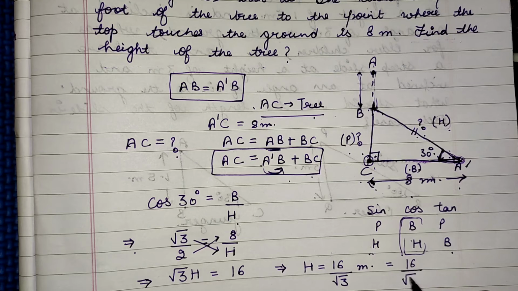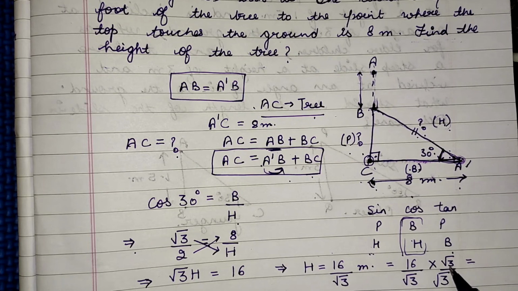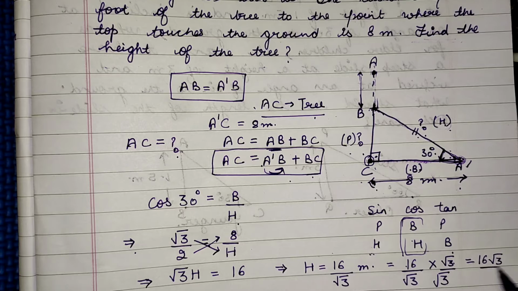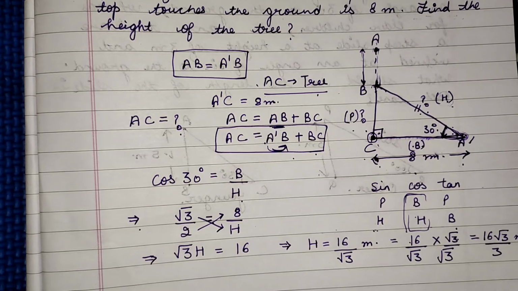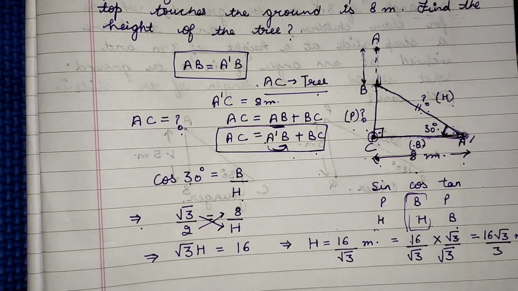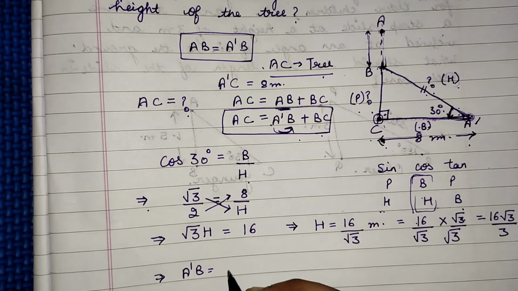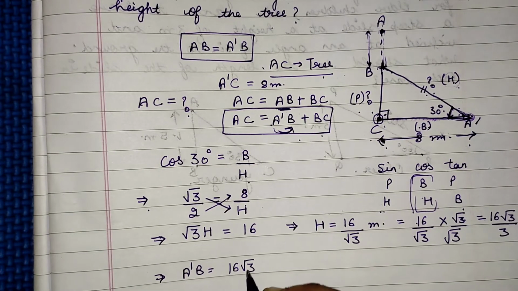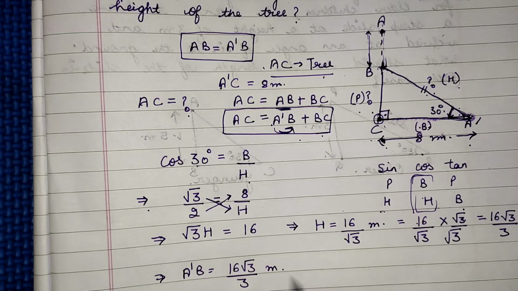So what we will do? Root 3 into root 3 divided by root 3. So what it will give me? 16 root 3 by 3 meter. So h is my A dash B is equal to 16 root 3 by 3 meter.